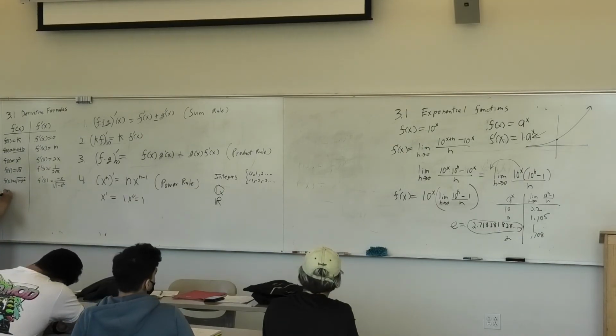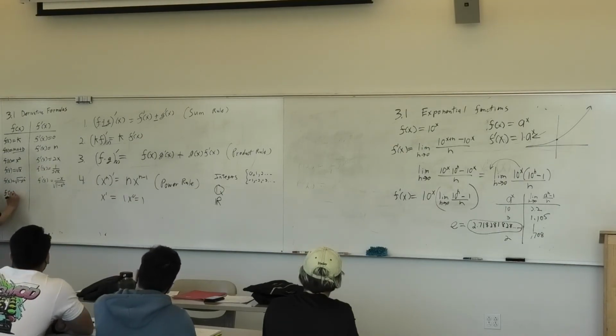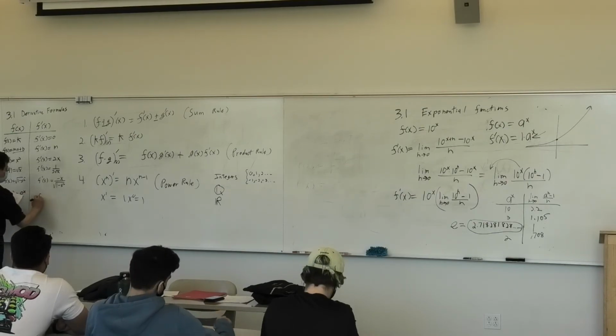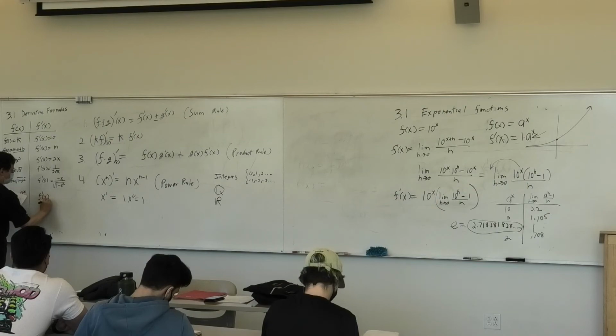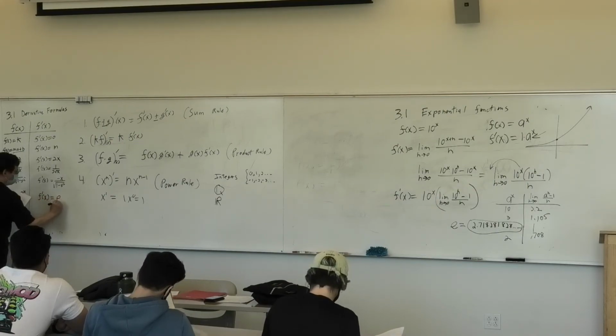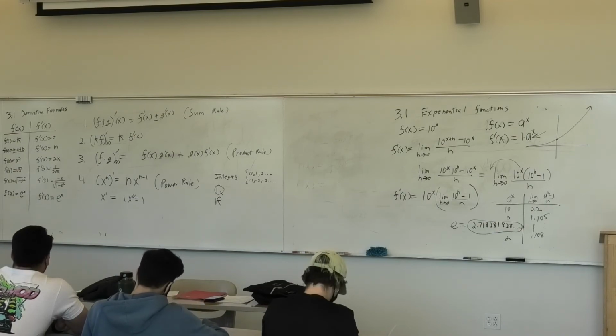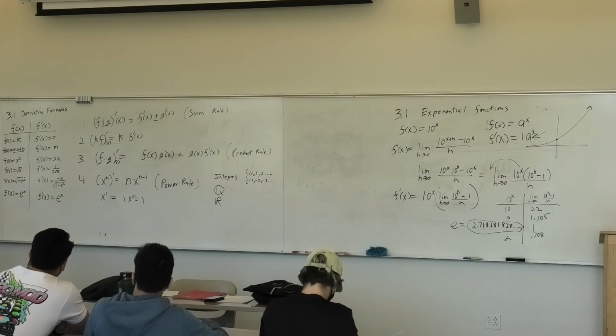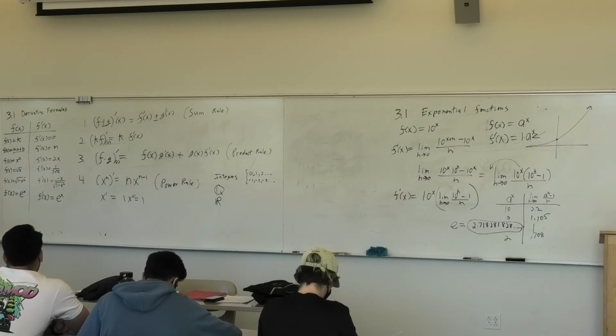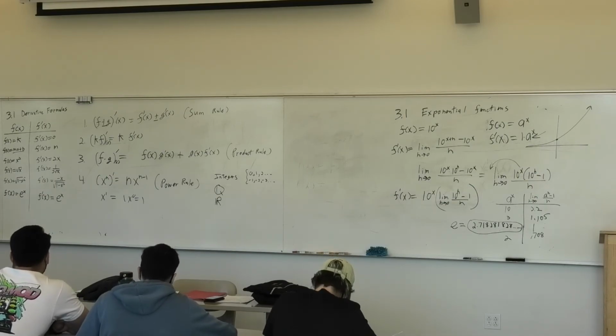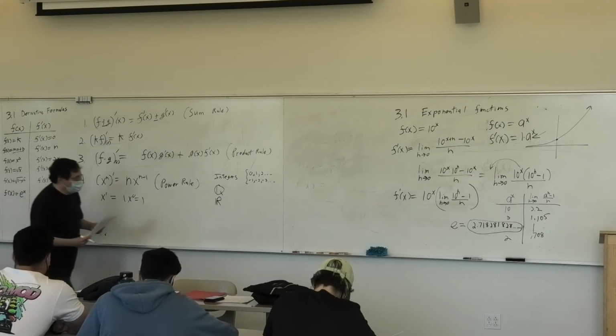So f of x is e to the x, and f prime of x is e to the x. Where have we seen e before?